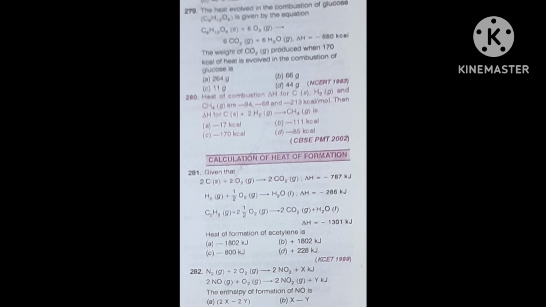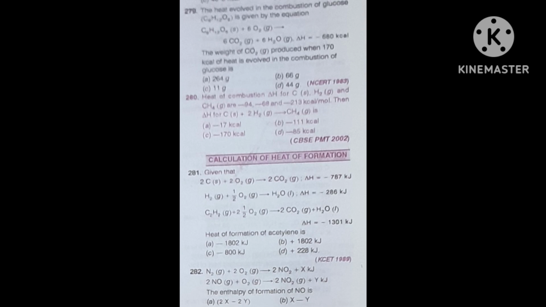Again I am telling you, three reactions are given. First reaction is 2C plus 2O2 gas, giving 2CO2 gas. Delta H value is equal to minus 787 kilojoule. Second, H2 gas plus half O2 gas is forming H2O, and delta H value is minus 286 kilojoule.